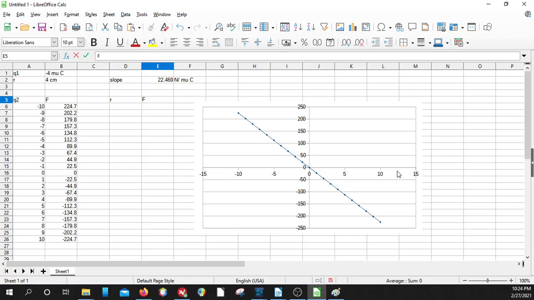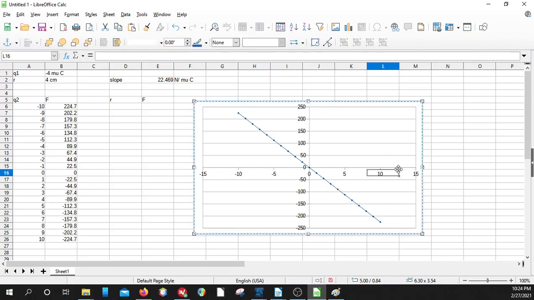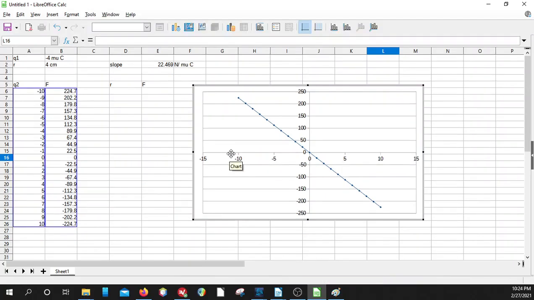So we'd have to have an x-axis here. We could label that. And again, we've done this before in the first lab, so I'm not going to redo that part. If you don't remember how to do that, you can just watch that part of the first lab again. But yeah, so for your graph, you want it to look nice, so label the axes. And then take a screenshot, I guess, when you're done.